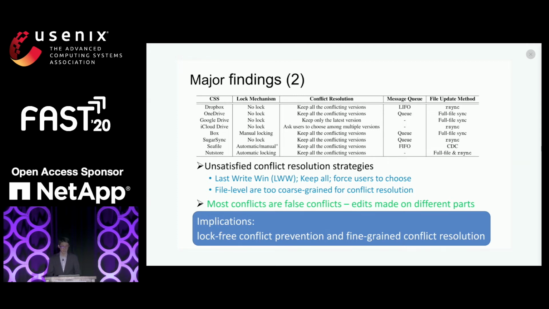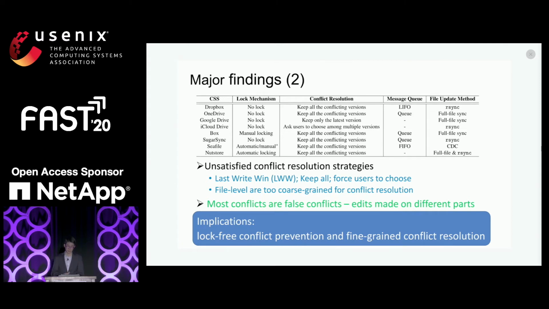And we also find that their file-level solution is too coarse-grained for conflict resolution, because the majority of the conflicts are false conflicts, which means collaborators are acting on different parts of the same file.